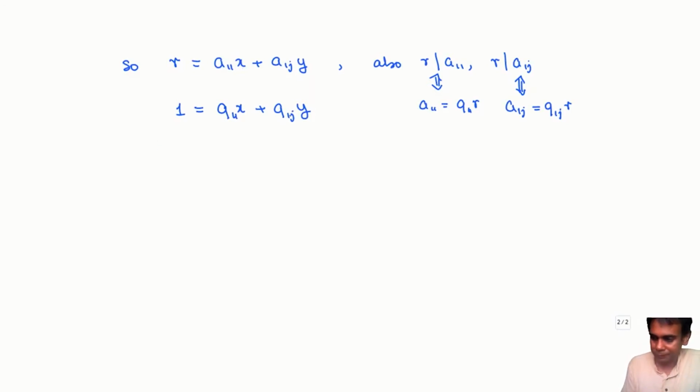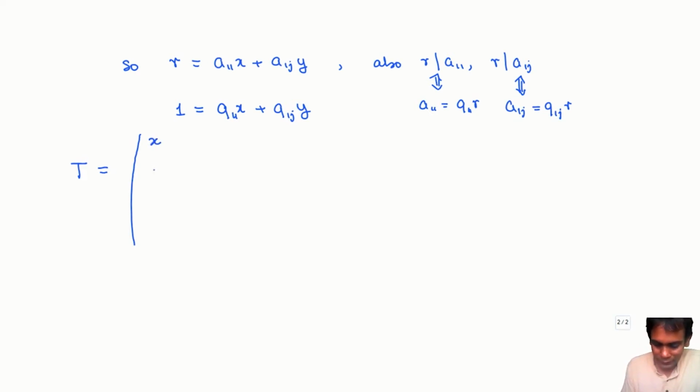So we have this. And now what I'll do is I'll construct a matrix T. So instead of doing column operations, I'm going to be right multiplying by this matrix T. And this matrix T is of the following form.